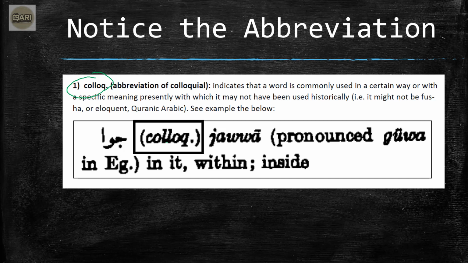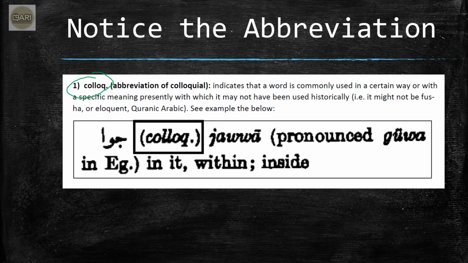It may not have ancient or historic origins as it relates to the language, but it's how people use the language presently. Oftentimes you'll find, even when they say colloquial, that it has its origin in classical Arabic. But sometimes there are huge differences.